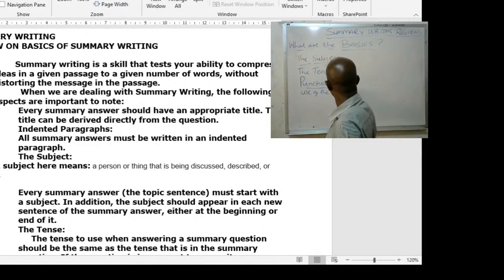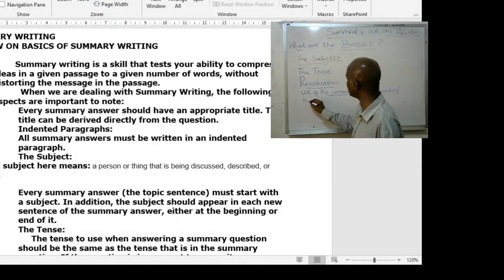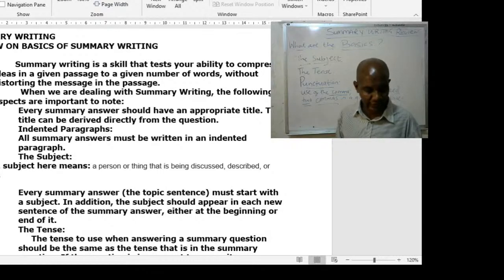I'm reminding you that when we're dealing with the comma in summary writing, do not exceed 2 commas in a given sentence. Every sentence you write should have a maximum of 2 commas.